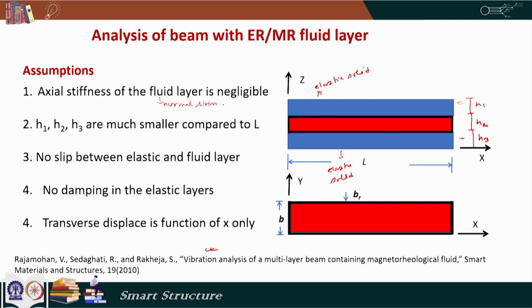And the thicknesses H1, H2 and H3 are much smaller as compared to L, and their sum H1 plus H2 plus H3 is also quite small. So, we can make the Euler-Bernoulli beam assumption here.